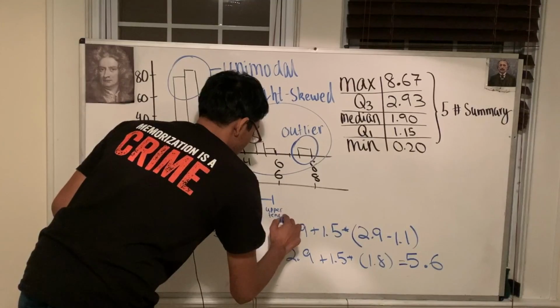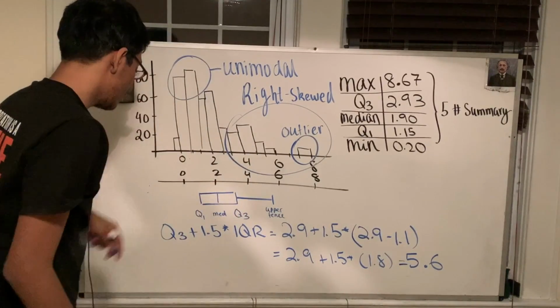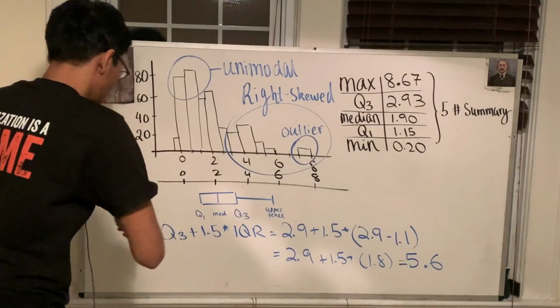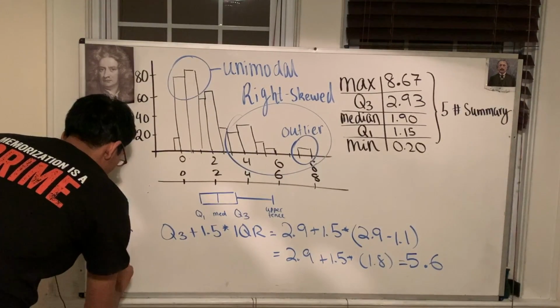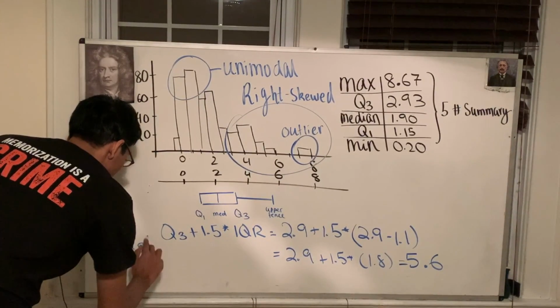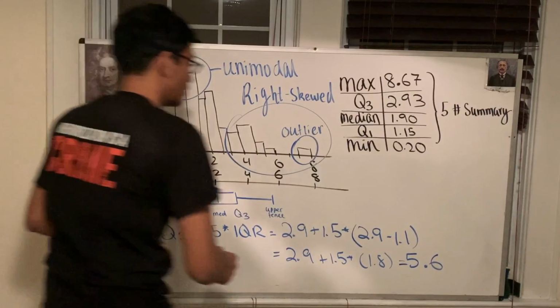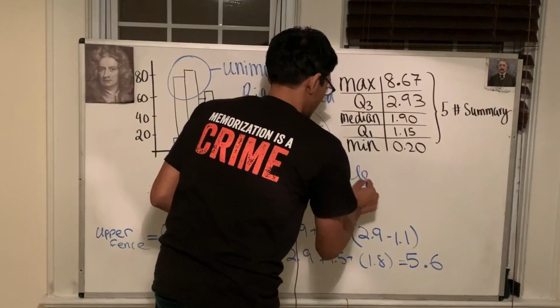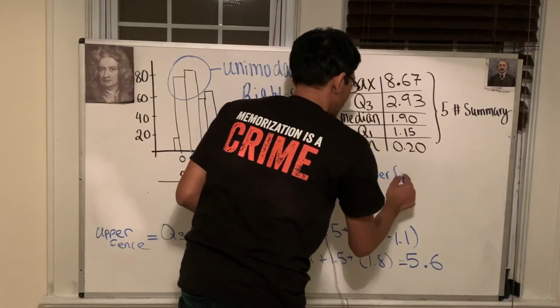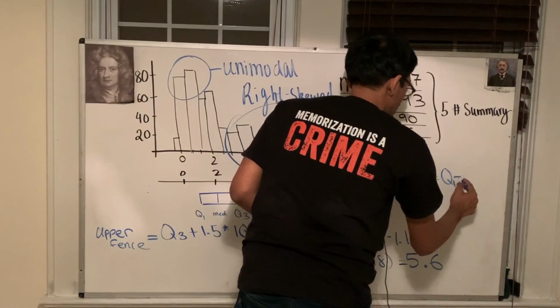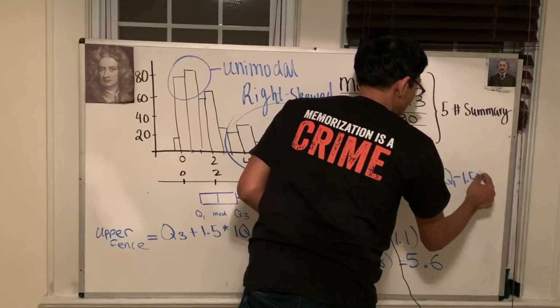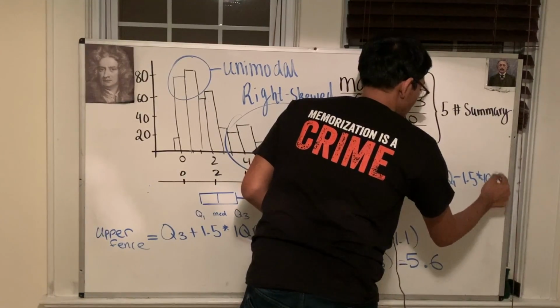This is my upper fence. What about my lower fence? Well, I'm going to repeat the same procedure, except instead of using quartile 3 as I did for my upper fence, I'm going to be using quartile 1. So let's calculate our lower fence. I'm going to start with quartile 1 and subtract 1.5 times my interquartile range.